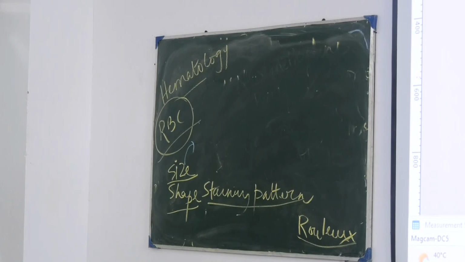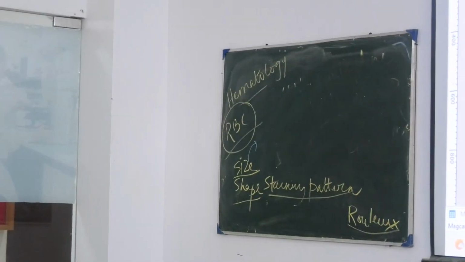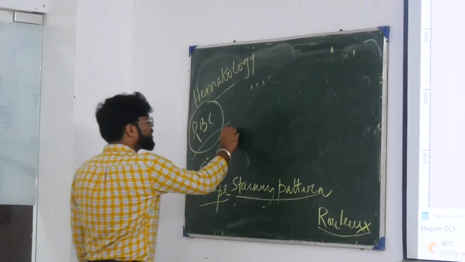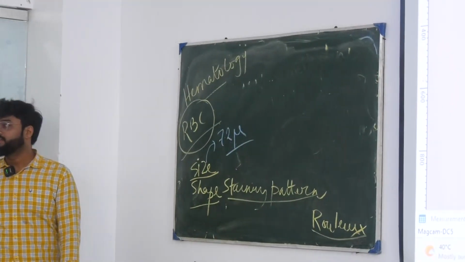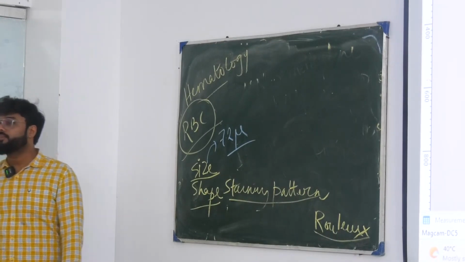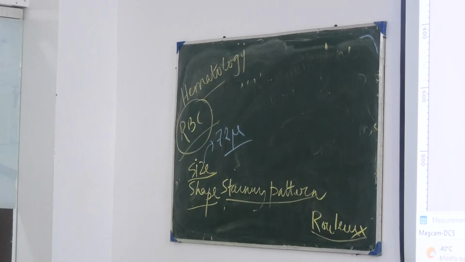It's almost equal to the size of small lymphocytes. The normal size of RBC is 7.2 micron, and it is almost equal to the size of the nucleus of a lymphocyte.